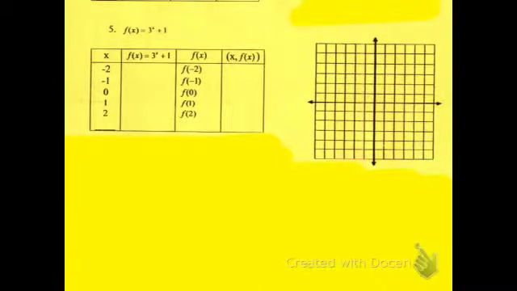Okay, next one, again, plugging in for the exponent, but don't forget that there's a +1 not in the exponent. So you're going to have 3 to the -2nd power, add 1. Well, 3 to the -2nd power is 1/9, and so add 1 to that, you got 1 and 1/9, which comes out to be 10/9.